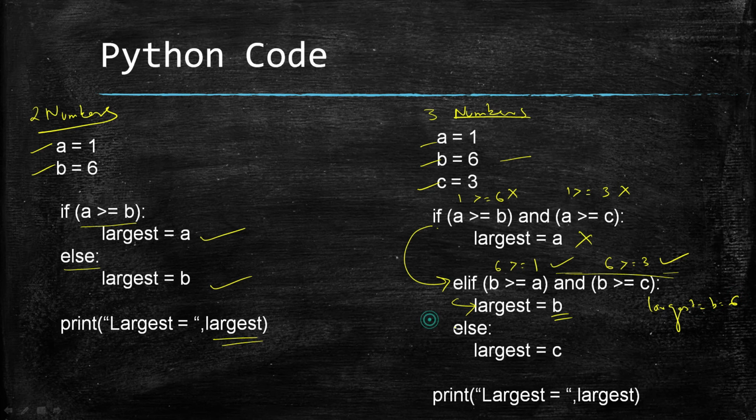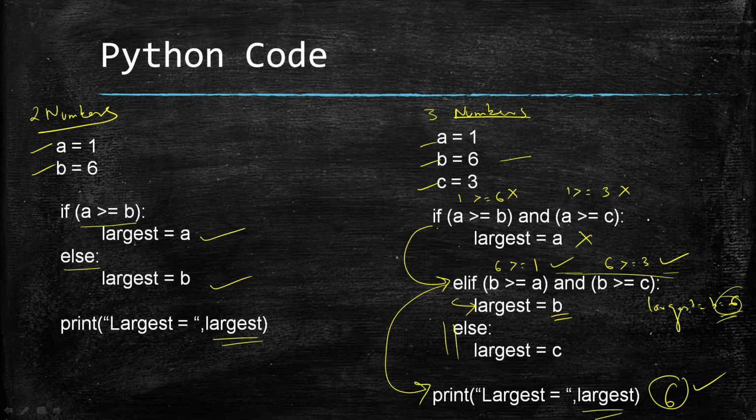It will skip the else and directly come to the print statement. Here the largest, which is nothing but 6, will get printed: 6 is the largest of all the three numbers.